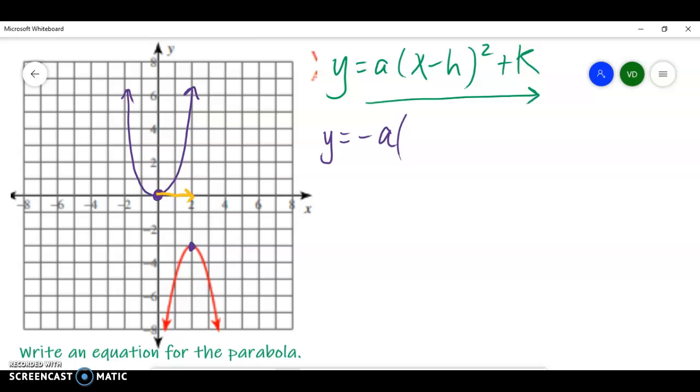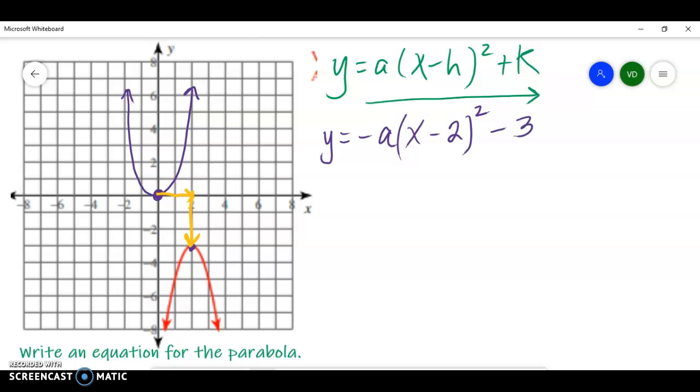So remember, inside parentheses, when I move to the right, it should be -2. There's that quadratic squared. And then it moved down 3 times. So -3.